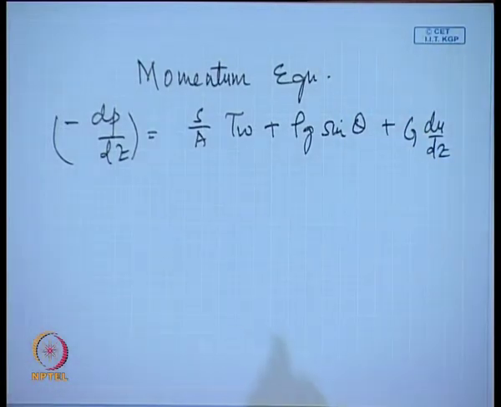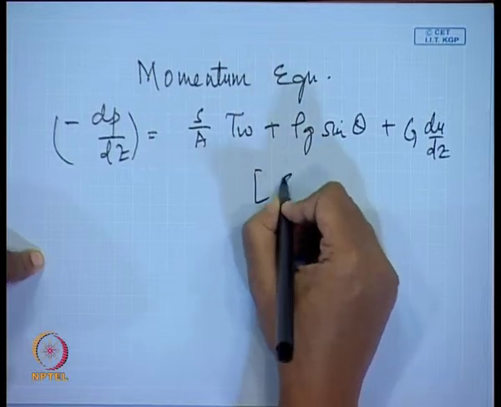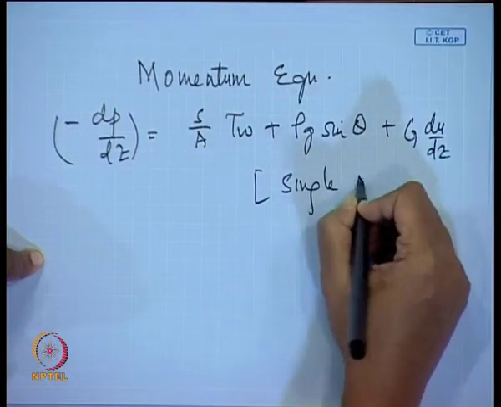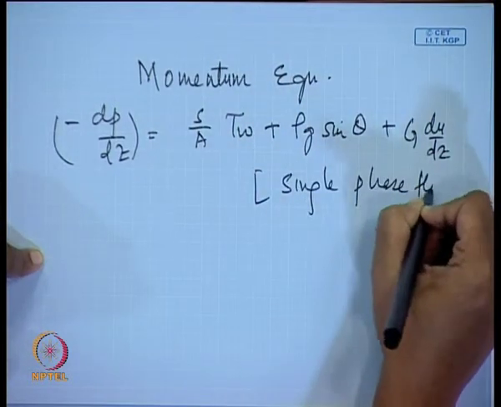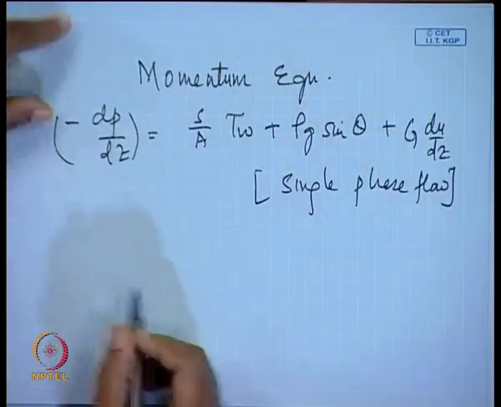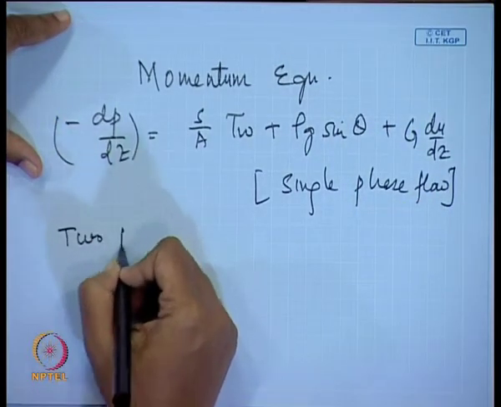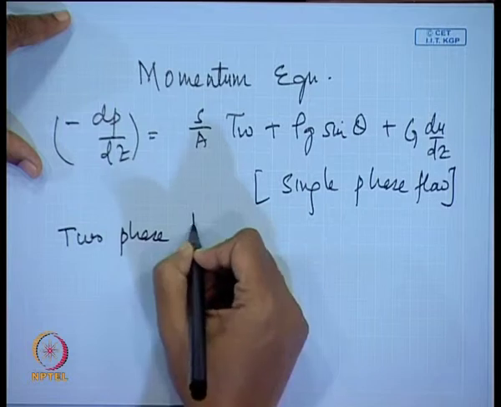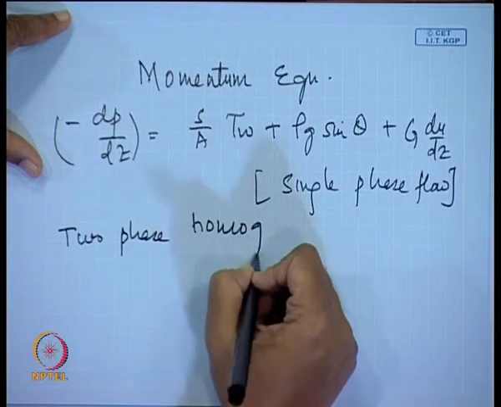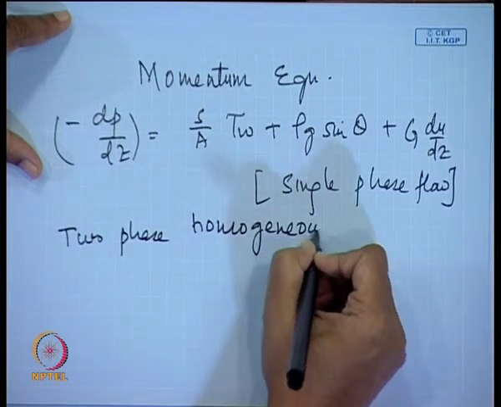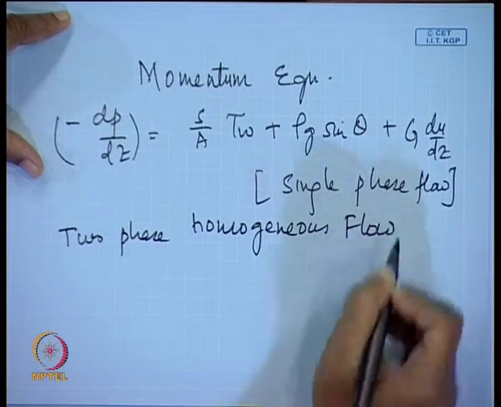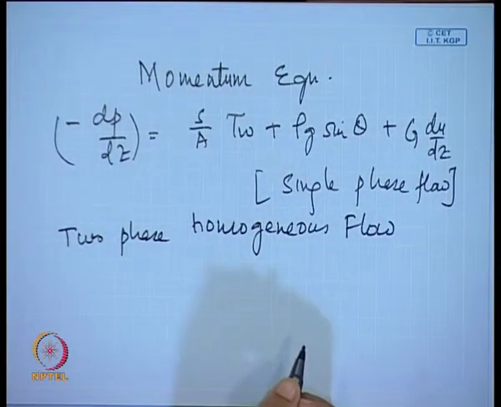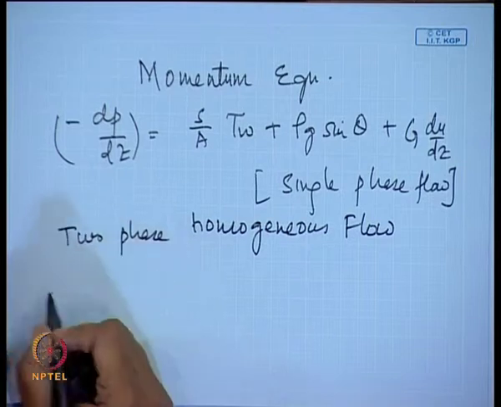This was the derivation for single phase flows. Now, for two phase homogeneous flow, what should I write down?